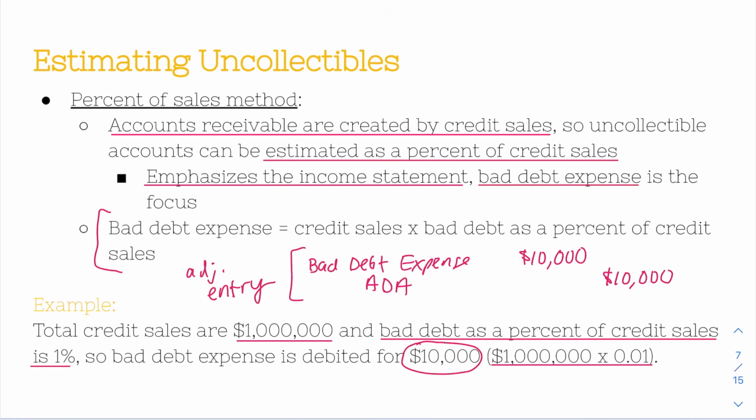Because this process is for estimating the uncollectibles. So that is the percent of sales method. Again, it emphasizes the income statement because you are getting the value for bad debt expense, and then your allowance for doubtful accounts is just going to be the same value, and it's going to follow that. Whatever you got for bad debt expense, allowance for doubtful accounts will be the same. And we're emphasizing the income statement because we're estimating an expense.